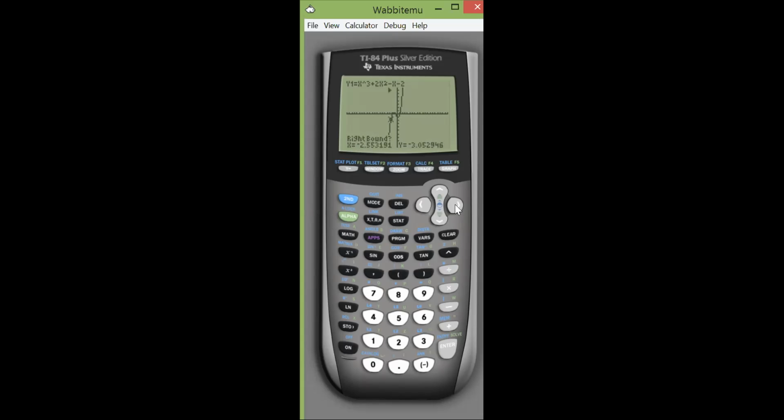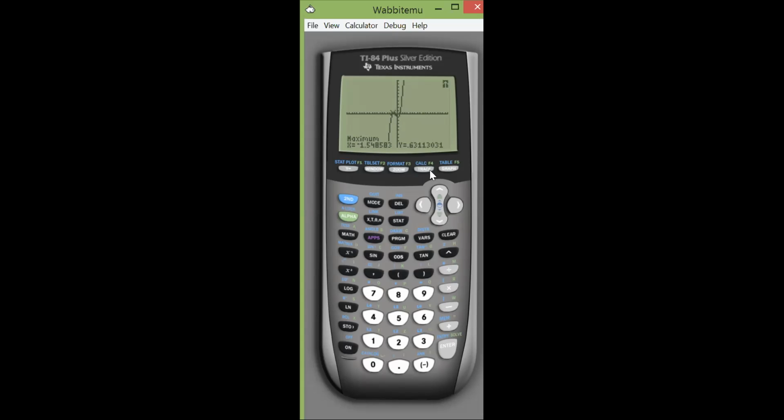And then right bound, you have to go right of the local max. Press enter. And then last prompt is guess. So just guess where it is. And then it'll show you the local max is negative 1.54, which I round to negative 1.55. And then the y value is 0.63, which we don't have to copy down, but there you have that coordinate. So negative 1.55 is that x coordinate there.